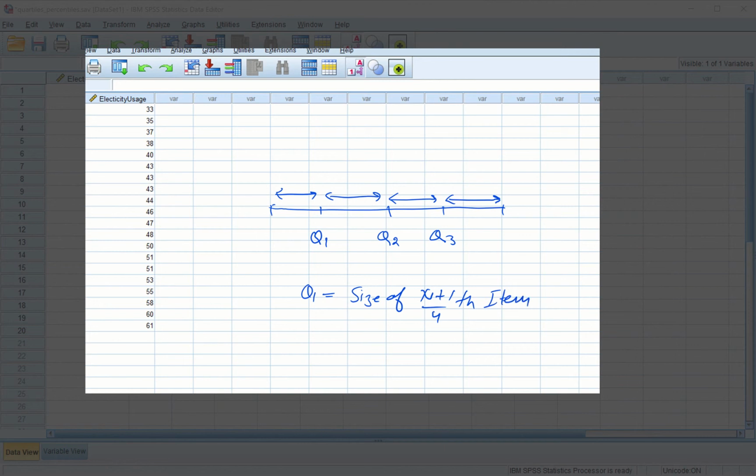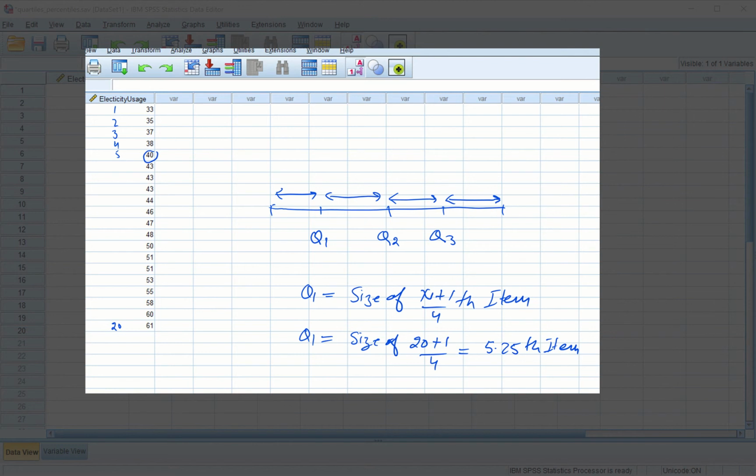In this series there are 20 values, so there are 20 cases. So Q1 will be the size of (20 plus 1) over 4 item, which is equal to 5.25th item. Now we know that 5th item is 40, and these are the items all the way up to 20.